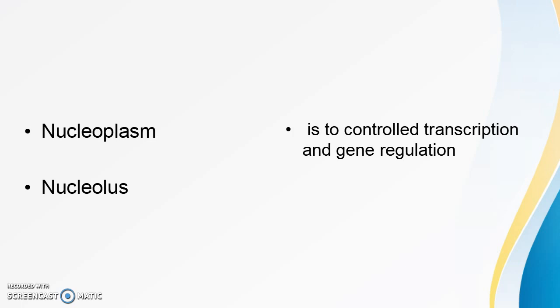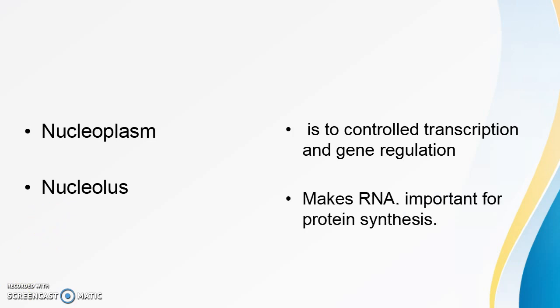Nucleolus. Nucleolus contains DNA, RNA, and protein. It is concerned with producing and assembling the cell's ribosome. Its function is it makes RNA important for protein synthesis.